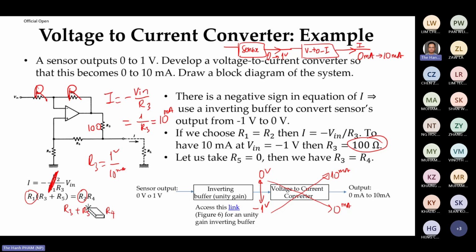If I take R5 as 0, meaning I have a wire, then R4 and R3 are the same, so this one is also 100 ohm. If I design the circuit in this way, I can convert the voltage to a current, and the range is 0 milliampere to 10 milliampere. So that is one example.